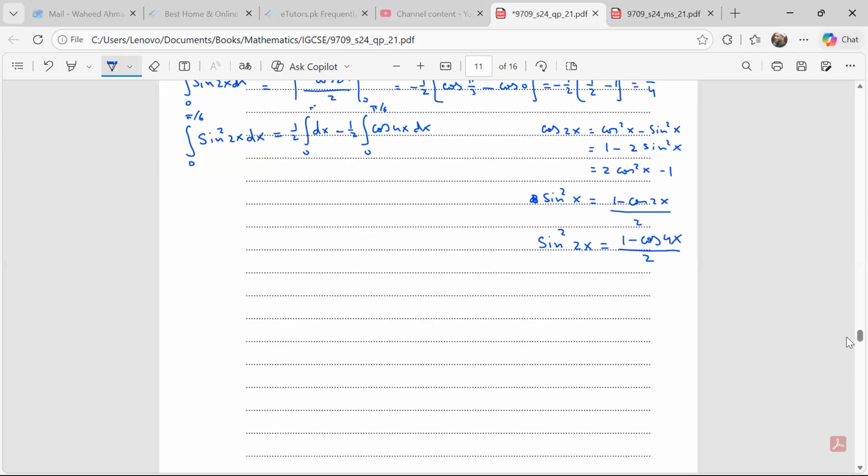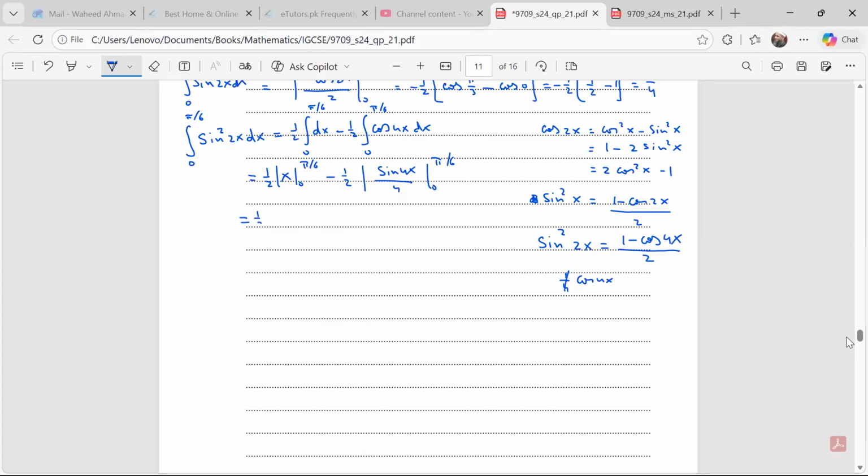So the first integral will be x from 0 to pi by 6, minus 1 by 2 times sine 4x over 4, with limits from 0 to pi by 6. You see, if I differentiate this part, it's going to be 1 by 4 times the derivative of sine 4x, which is cos 4x, and the derivative of 4x is 4. That cancels, and I have cosine of 4x. So this is correct.